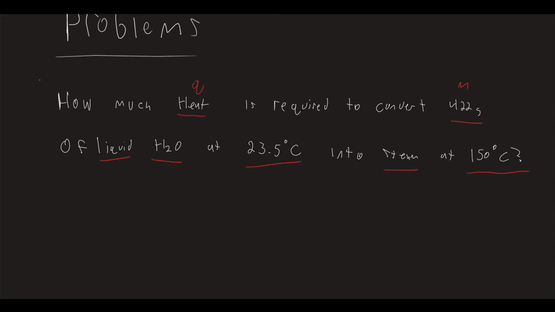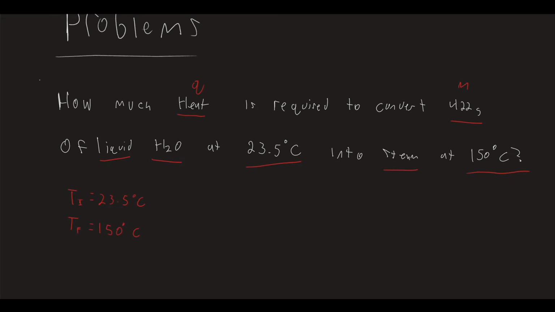So we have T initial, let's call it T initial instead of T1 and T2, T final. So the initial temperature is 23.5 degrees Celsius. The final temperature is 150 degrees Celsius.